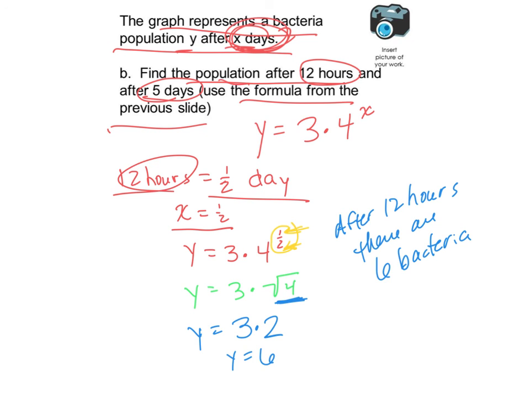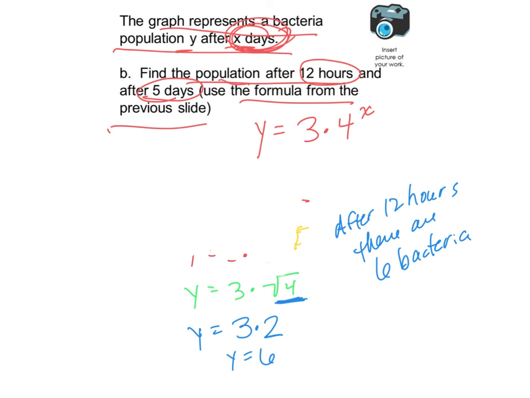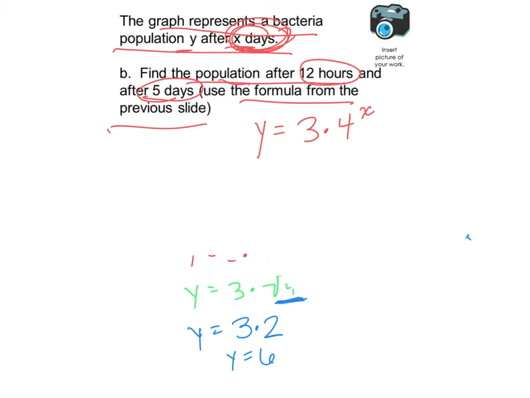That doesn't sound too bad, does it? All right, so I'm going to erase that now because we're going to do the 5 days now. So why don't you do the 5 and see if you get what I get?